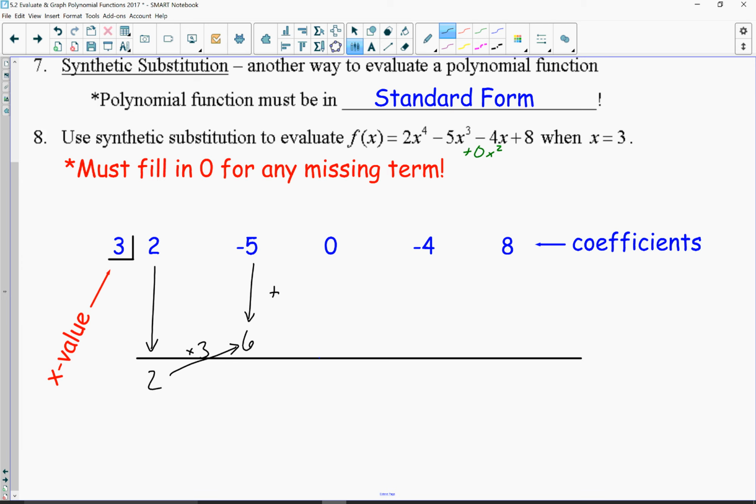So -5 plus 6 is +1. Then I just kind of repeat that pattern. I go from there to there by multiplying by 3. 1 times 3 is 3. I add straight down. I get 3. Now I would have 9 here, because again, I'm multiplying this by 3. Then I'm going to add straight down. That would give me 5.